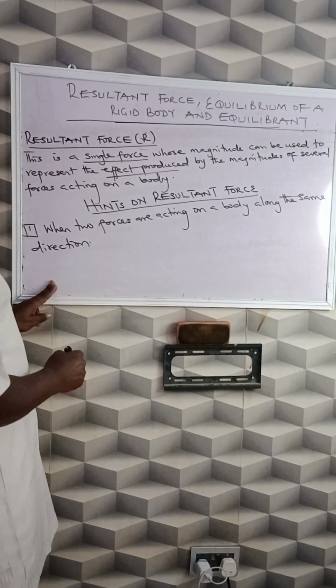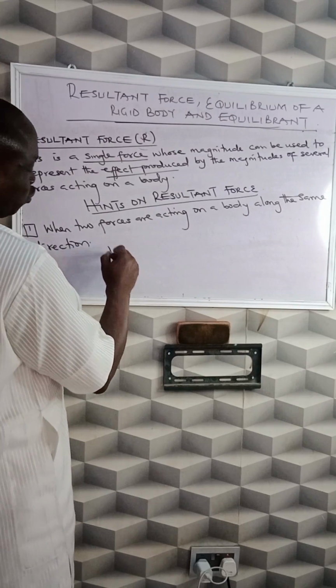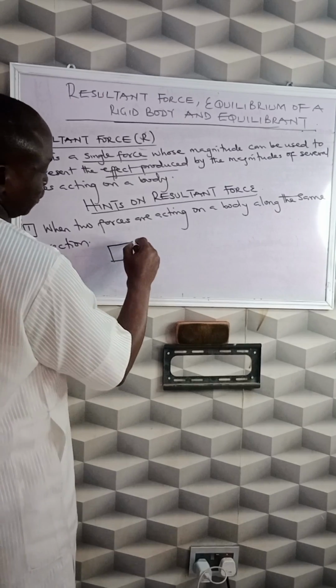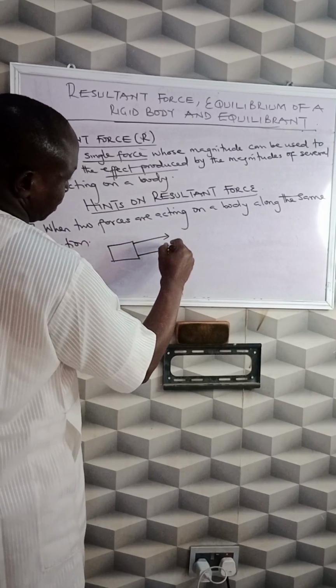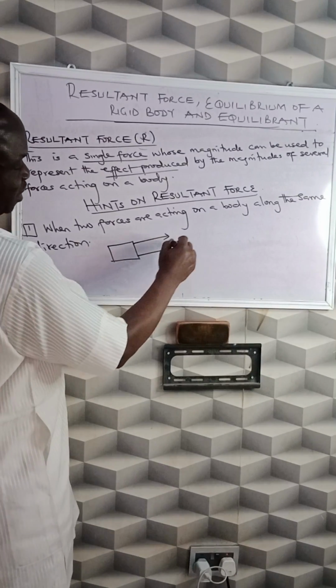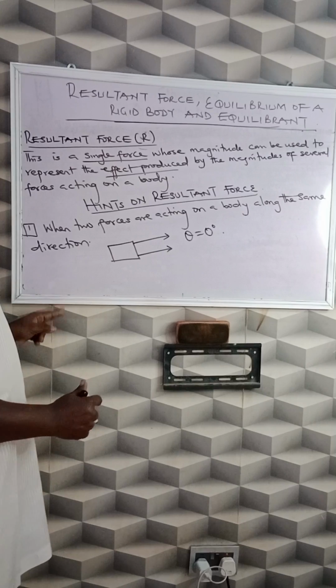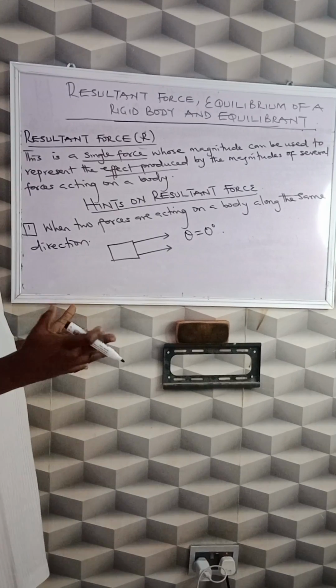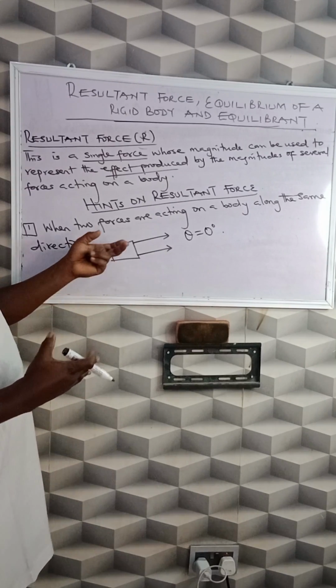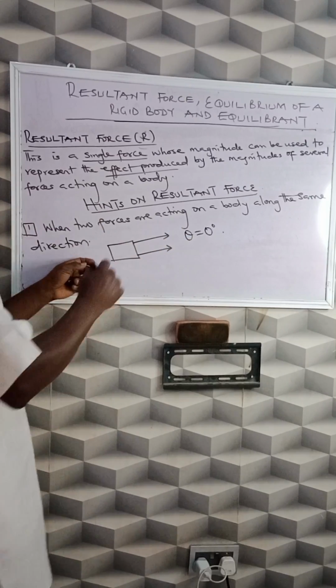Meaning, when the two forces are parallel, look at it, they are parallel. Two parallel forces. You can see clearly the angle between them is 0 degrees. So instead of saying two forces are acting on a body along the same direction, you can say the angle between the two forces is 0 degrees. Let me call them F1, F2.